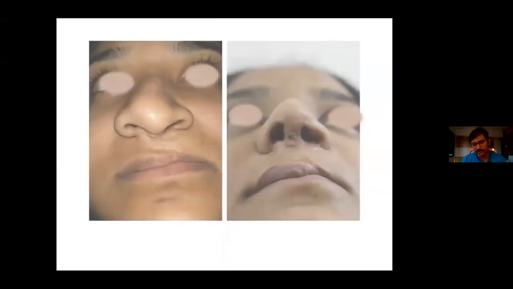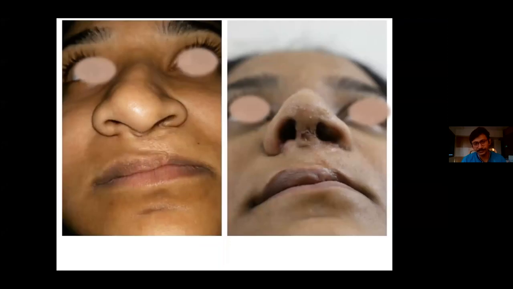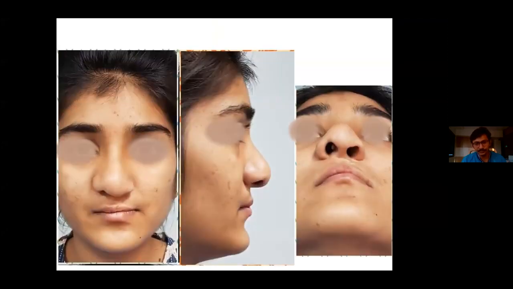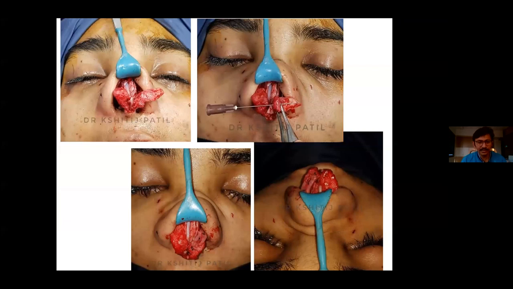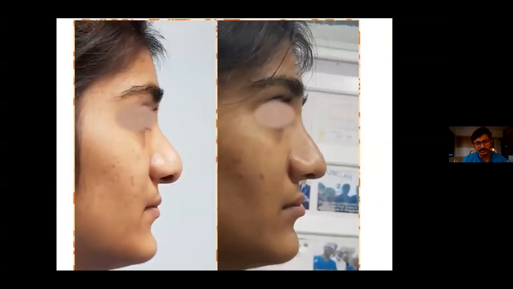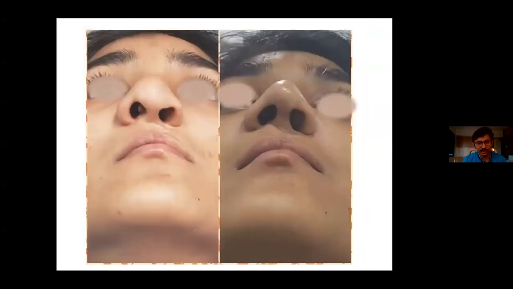So here are a few cases. As you can see here, the lateral crus on the left side was deficient, so we released it. We put a lateral crural strut graft, a strong graft, and we could get a good result.